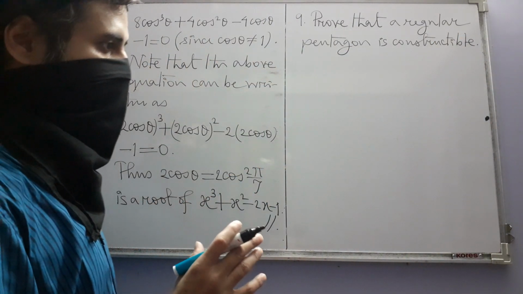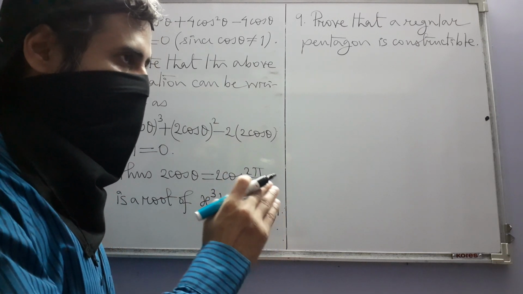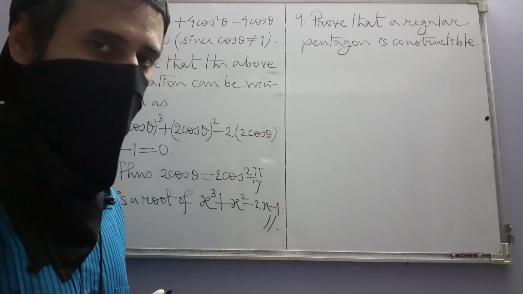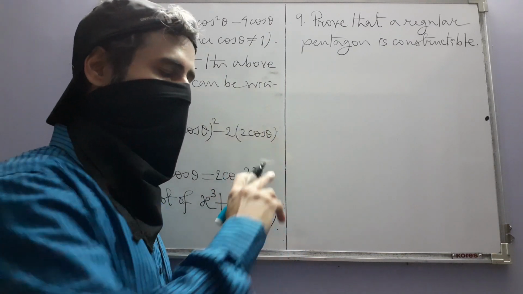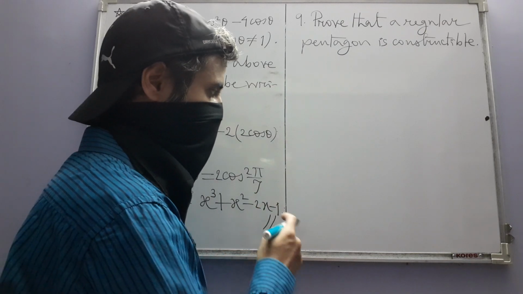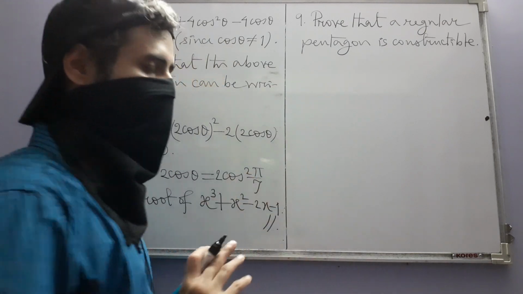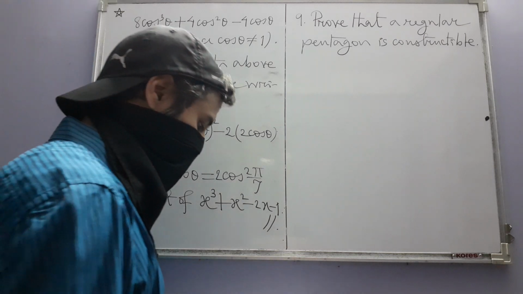Proving this is equivalent to proving that the angle 2 pi over 5 radian is constructible, and because of what we did in the previous video, that is equivalent to proving that cos 2 pi over 5 is constructible. Okay, so that's what we now want to do.